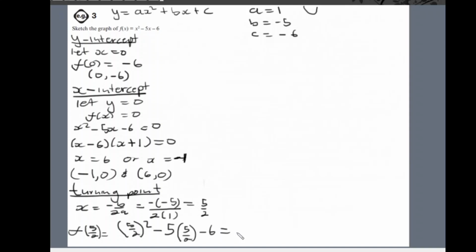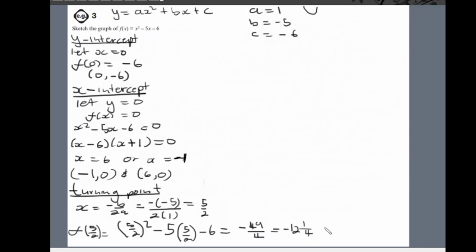Just punching this into my calculator, this is negative 49/4, or we can just say it's negative 12 1/4, right?